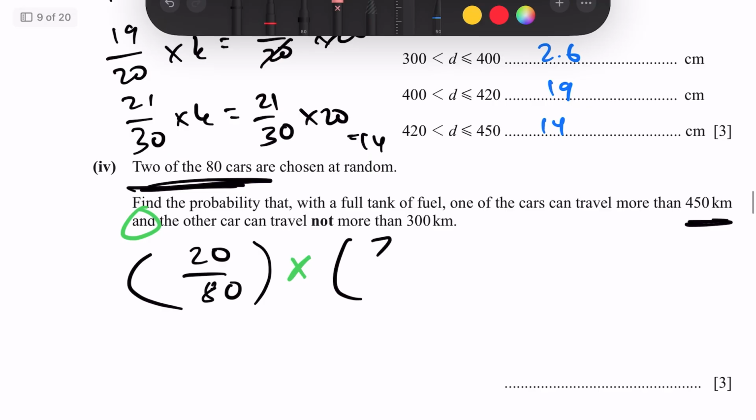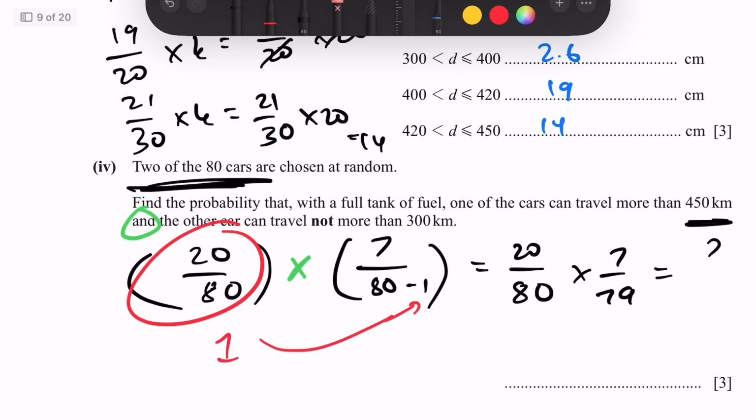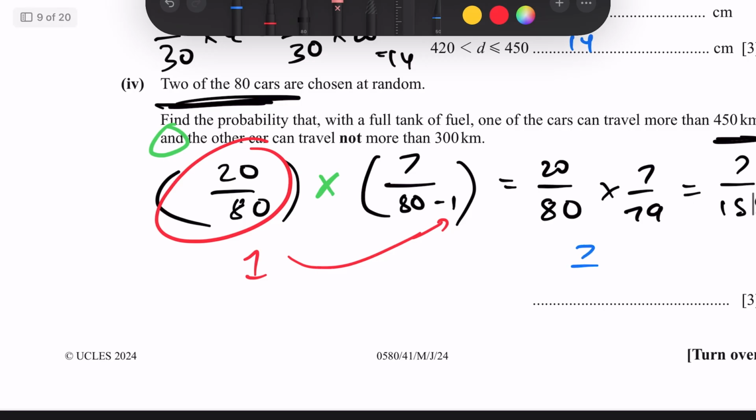So this is equal to 7 by not 80 but 79, because one car is lost, which is this car over here. This very car is lost from the pile, since when we select the second car, there are 79 cars left that are unselected. So this is equal to 20 by 80 times 7 by 79, which is equal to 7 by 158. This is our final answer.